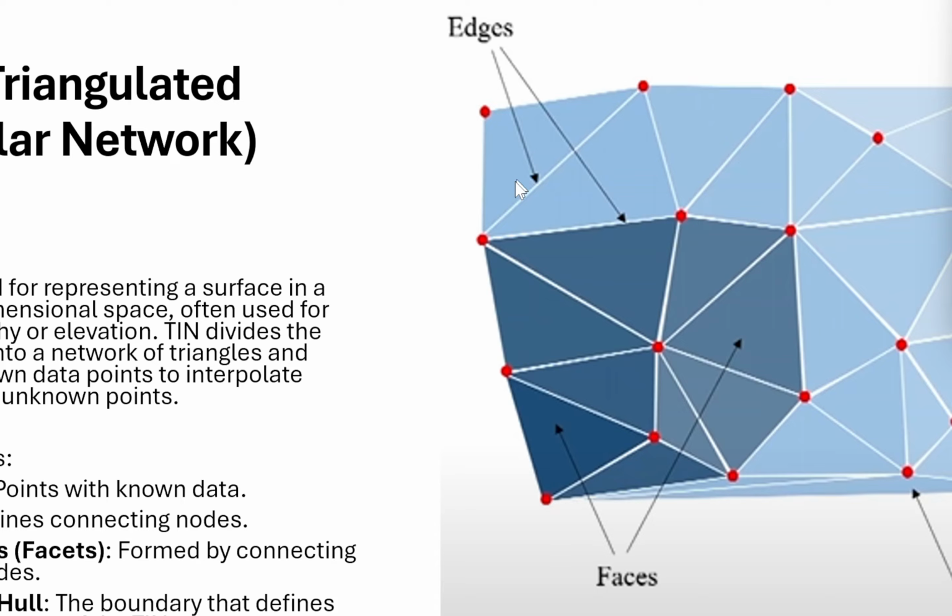It uses point locations known as nodes, and the lines connecting two points are called edges, and these form triangles. From these triangles the network is made, and it can represent any elevation or topography data.